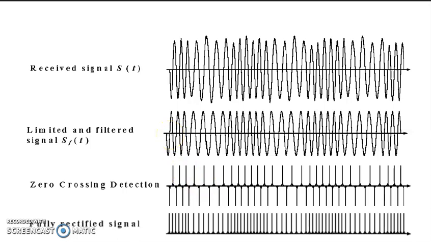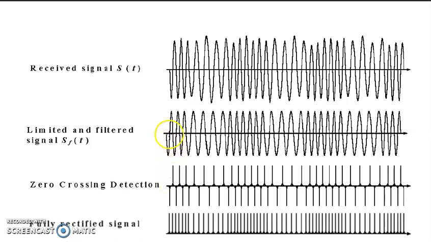a zero crossing, either from the lower side of the x-axis to the upper side, or the signal crossing from positive values to negative values, then there is a generation of impulses at the output of the zero crossing detector.